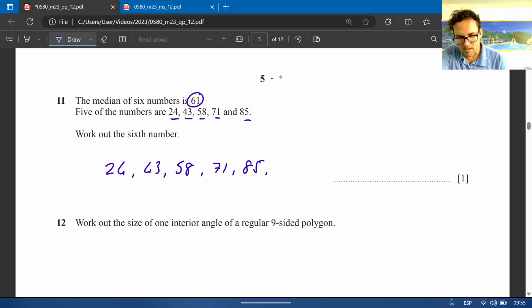And then the 6th number is the one we don't know. Okay, so you see there's 6 numbers. 24, 43, 58, 71, 85. And the middle, where it's going to be the middle of the 6 numbers, is going to be between 2 numbers. That must be the middle, because we've got 3 on the left, 3 on the right. And that is 61.